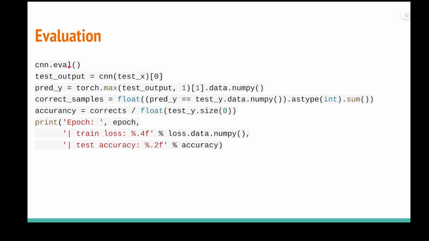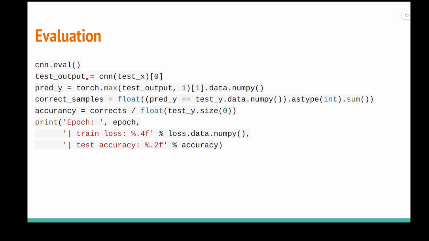That's exactly the same as we talked about in the training loop before. Since some of the deep learning building blocks, such as dropout, work differently in the training phase and the evaluation phase, we need to call the eval function before we do the evaluation so that it will generate the correct result.